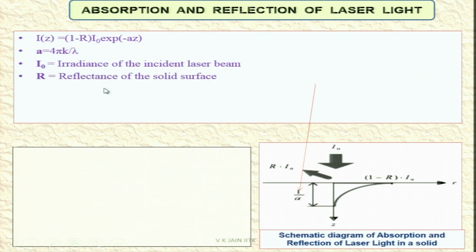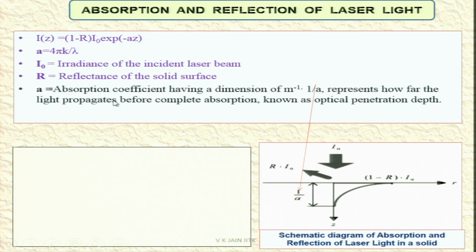R is the reflectance of the solid surface. A is the absorption coefficient, having a dimension of per meter, and 1/A represents how far the light propagates before complete absorption, known as optical penetration depth. That is what is shown over here, 1/A.